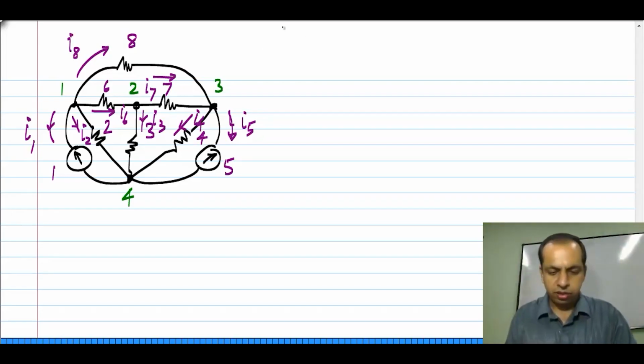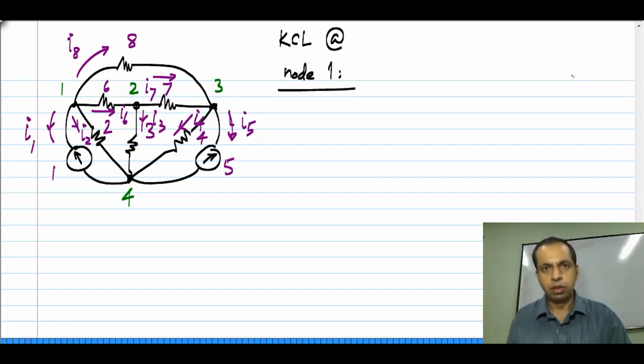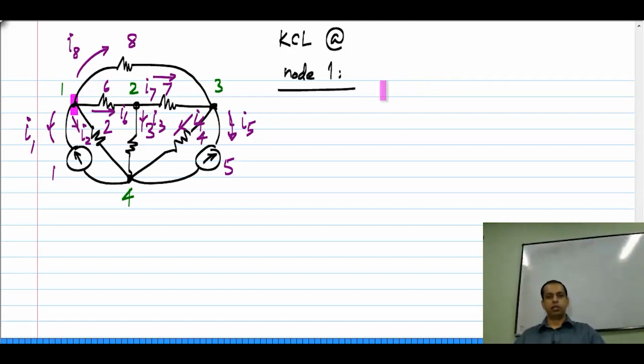Now, we can write Kirchhoff's current law equations at node 1. What do we have? The sum of I 1, I 2, I 6 and I 8 to be 0. In fact, I would encourage you to pause the video at this point and write the KCL equations at every node by yourselves, and then restart the video and verify that whatever you have got is correct.